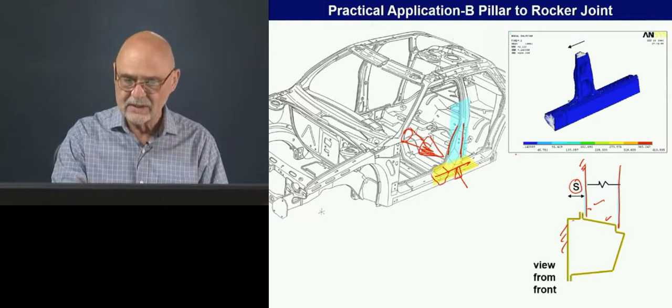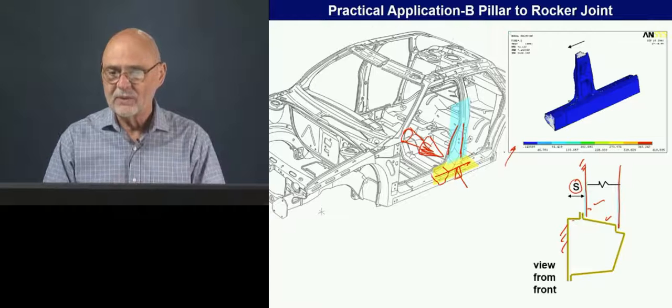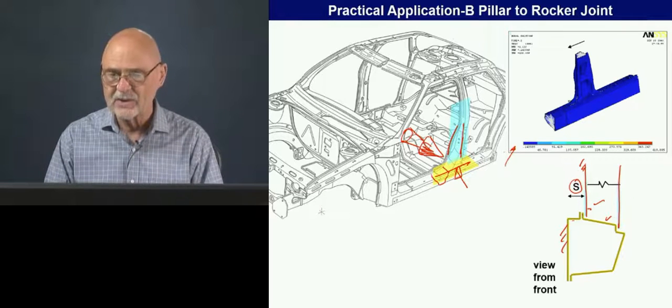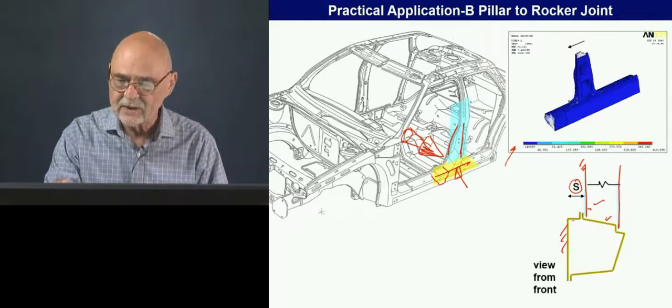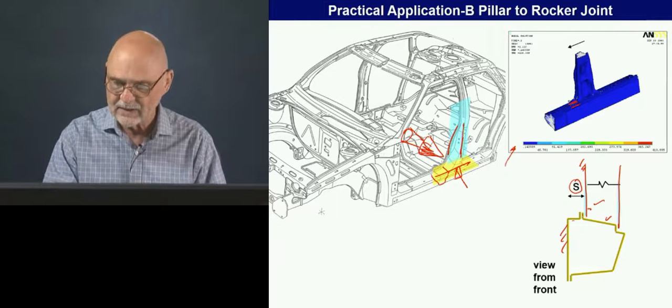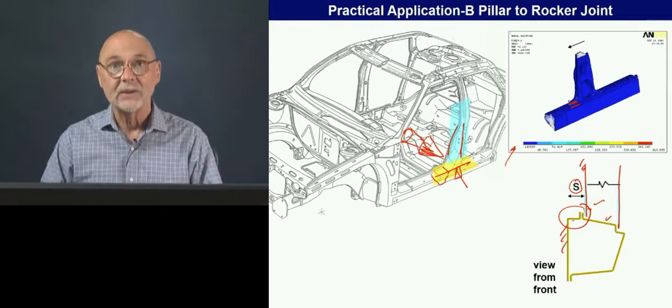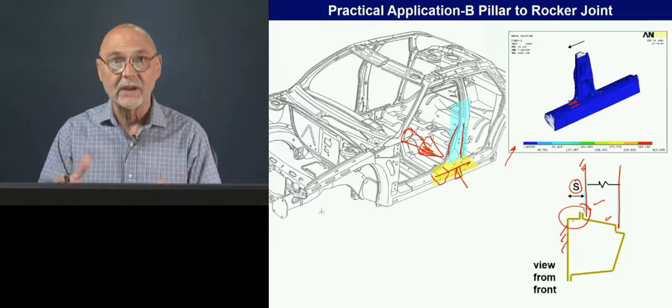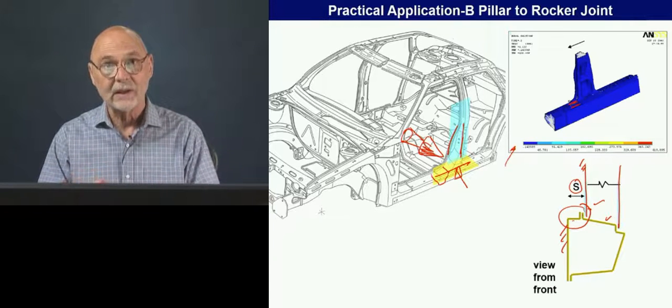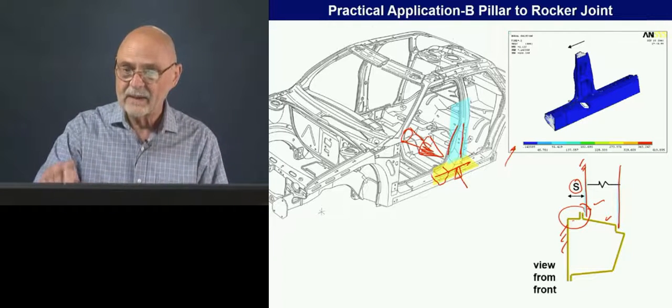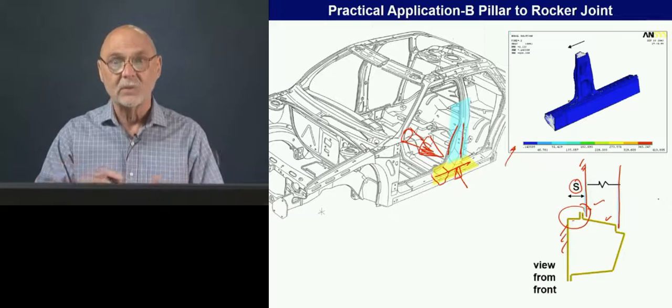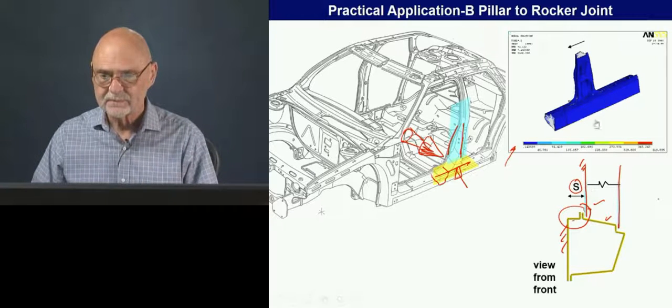Let's take a look at this in the view that we have here. This will be another little animation. There's a little offset here, that's this, that you'll see. And you'll see that area light up because it's deforming an awful lot, and causing a relatively low joint rate.